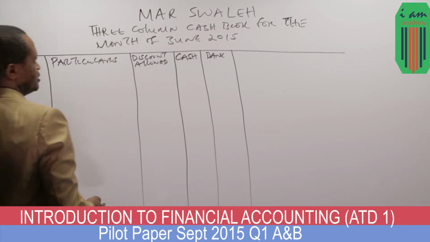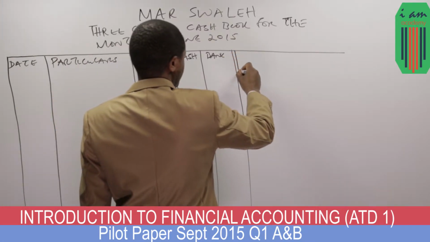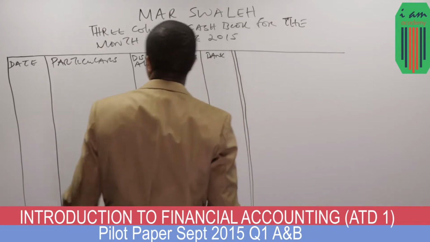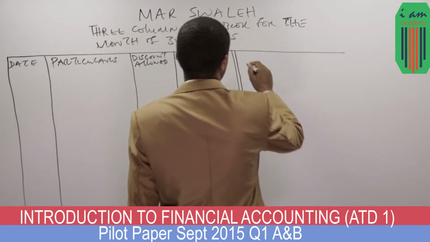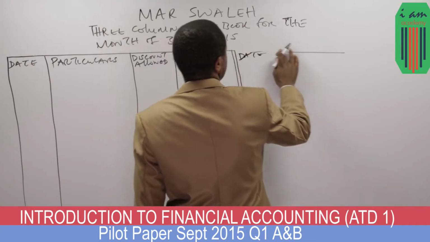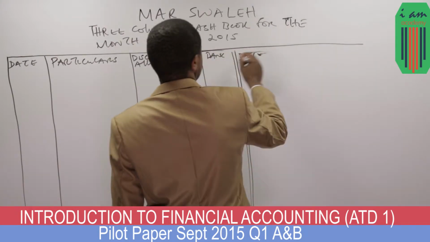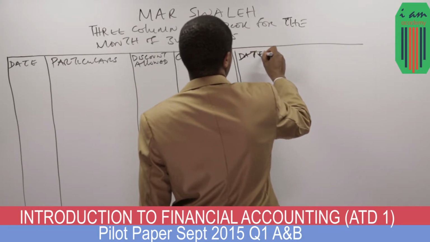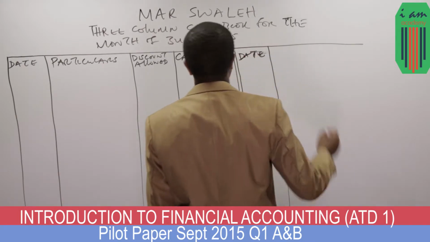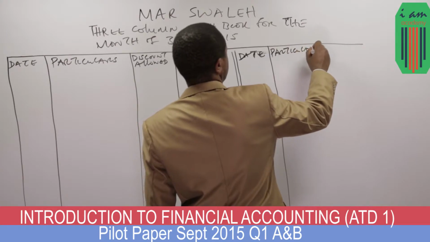Then the other side of the cash book, the credit side, we have the same details. We start with the date column. We also have a column for particulars or details.